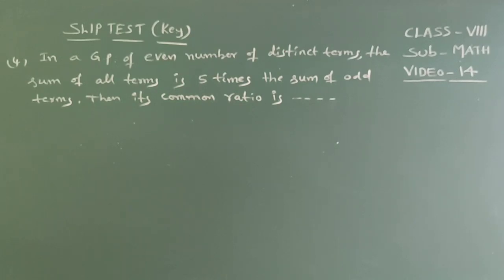Next, fourth problem. In a GP of even number of distinct terms, the sum of all terms is 5 times the sum of odd terms. Then find the common ratio. Here the relation between two series they give.